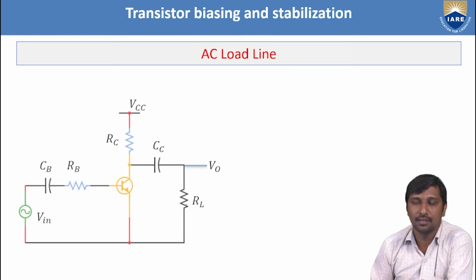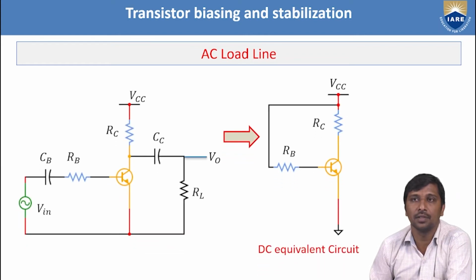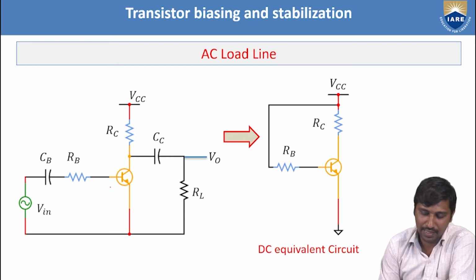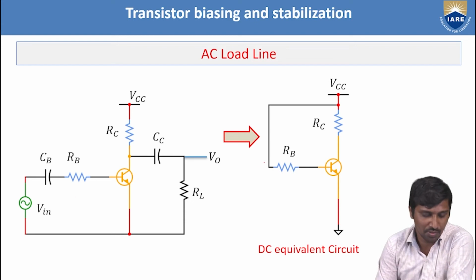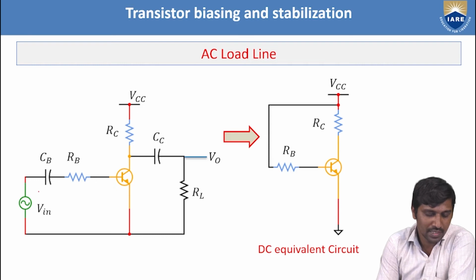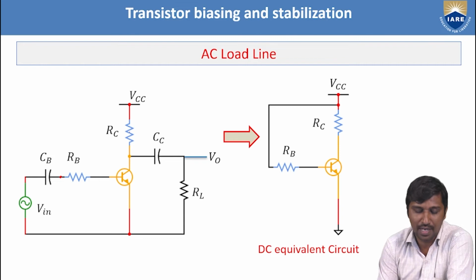For this case, let us consider the equivalent circuit, which is the DC equivalent circuit. The DC equivalent circuit is observed in the absence of the AC source. If there is no AC source, the capacitor blocks the DC component, hence this RB is directly connected to the DC voltage source, and RC is also connected to the DC voltage source.